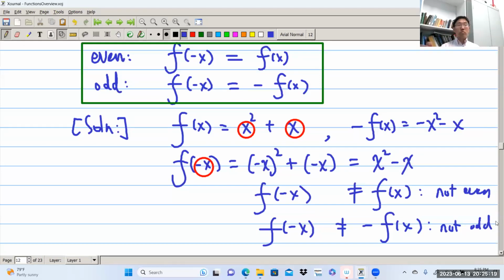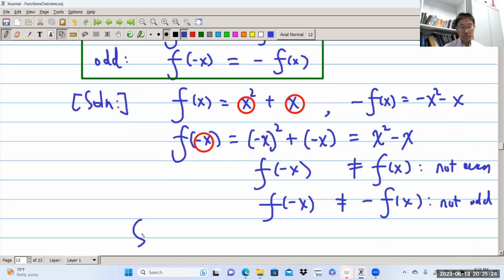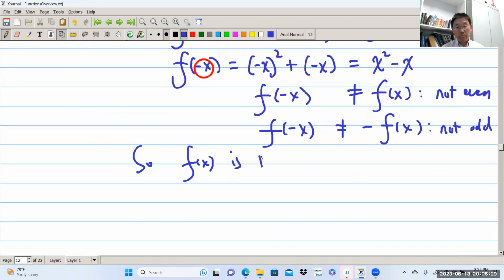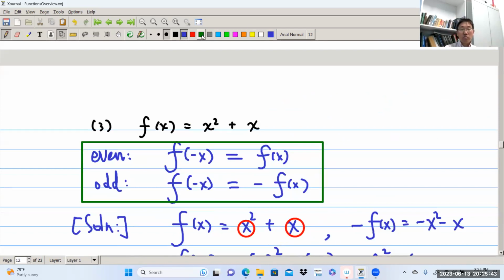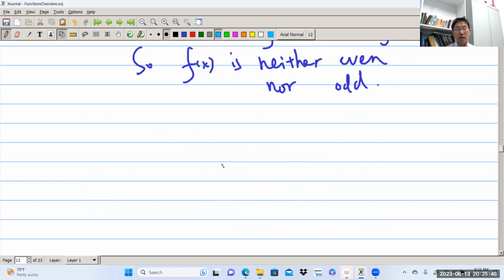So the graph doesn't have symmetry. This function is neither, or say neither even nor odd. Clear? And if you want, you can draw the graph of this function, x squared plus x. The graph looks like this. This is a parabola, you learn in algebra 2. The parabola x squared plus x has two zeros, one at 0, one at negative 1.